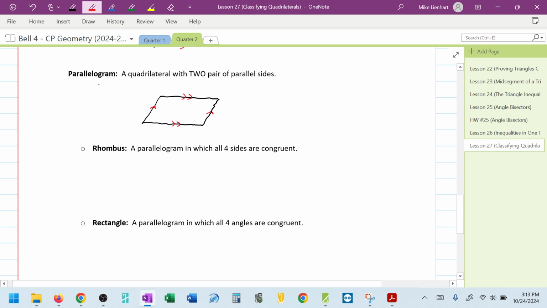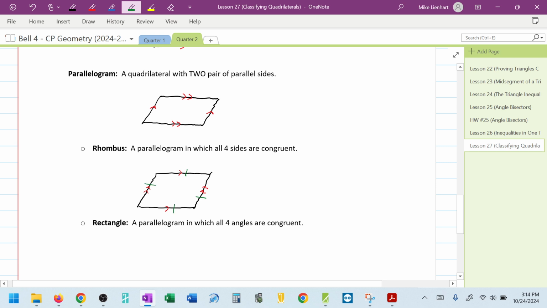If we look at a parallelogram and we get more specific, we have the first one here, it's called a rhombus. So what makes a rhombus? Well, a rhombus is a parallelogram, but in this parallelogram, not only are there two pair of parallel sides, but we also know, and this is where it starts to get confusing because we're adding marks, I'm going to use green here, all four sides are equal.